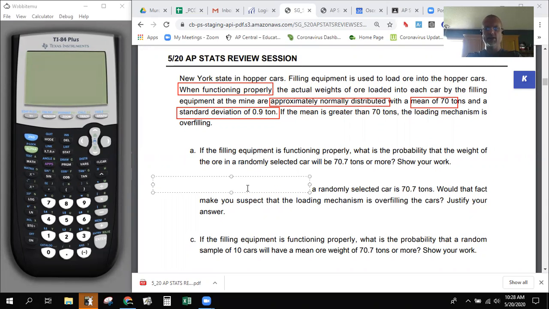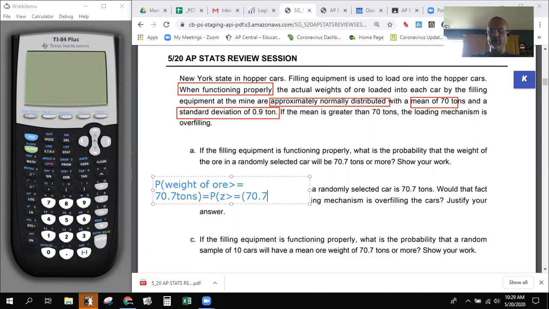I'm going to say the probability that the weight of ore is greater than or equal to 70.7 tons is the same as the probability that a z-score is greater or equal to, and then I do the z-score calculation.